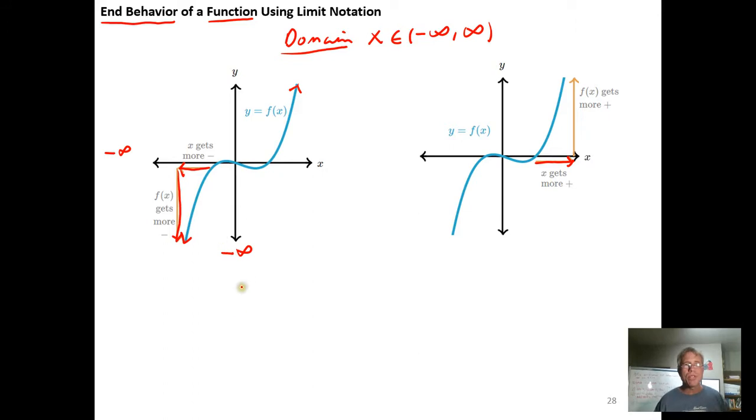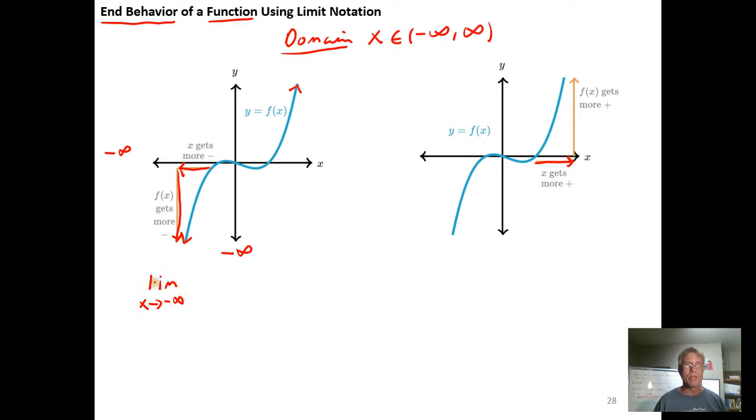So the way that we would describe the end behavior is we use the notation called limit notation. I say the limit as x approaches or goes to negative infinity, and notice that this x goes to negative infinity is under the limit. LIM stands for limit.